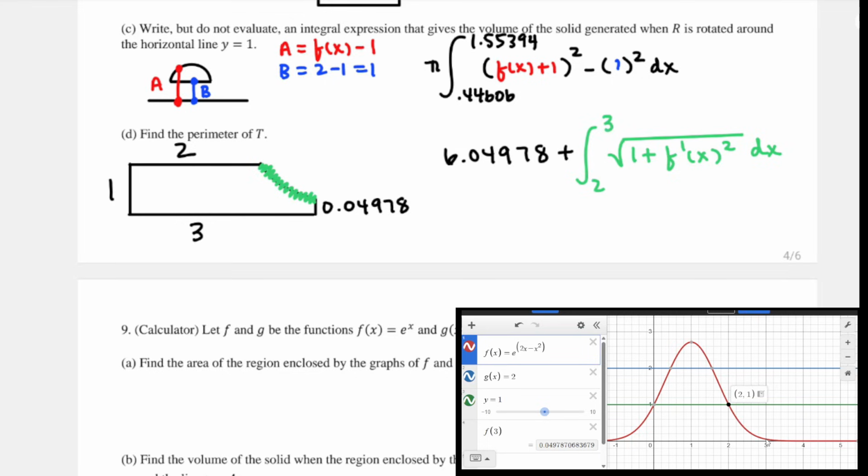So from 2 to 3 on that. And definitely I need to rewrite the statement of this question. But 6.04978 plus the integral from 2 up to 3 of square root 1 plus f prime of x squared dx. And I'll get 7.486.